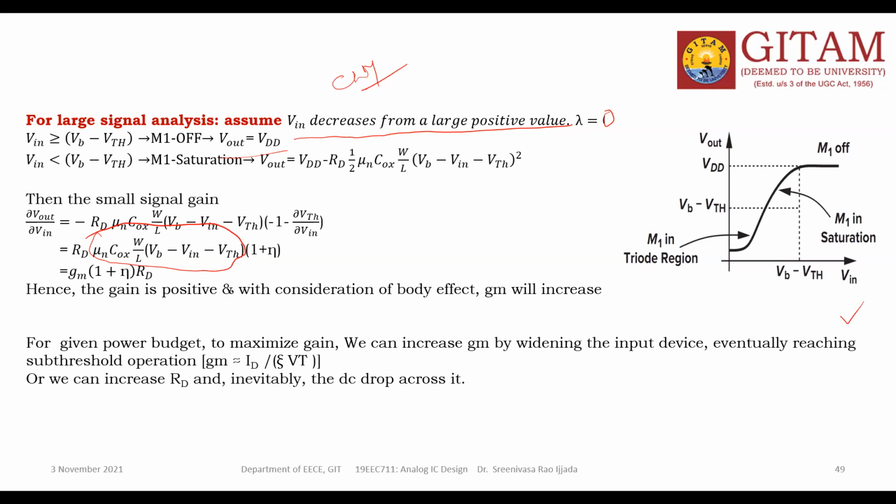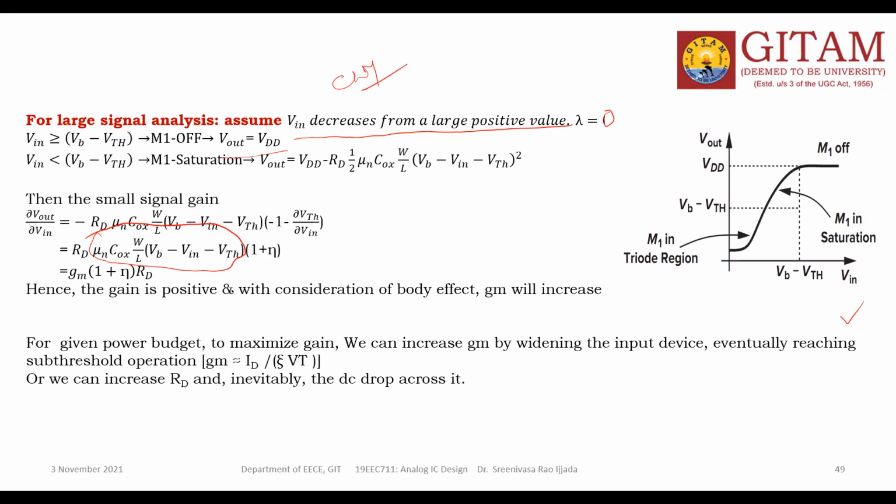If you want, you can calculate it: the formula is KT by Q. K is a constant, T is given, and Q is again a constant. If you substitute all the values, you will get 26 millivolts.